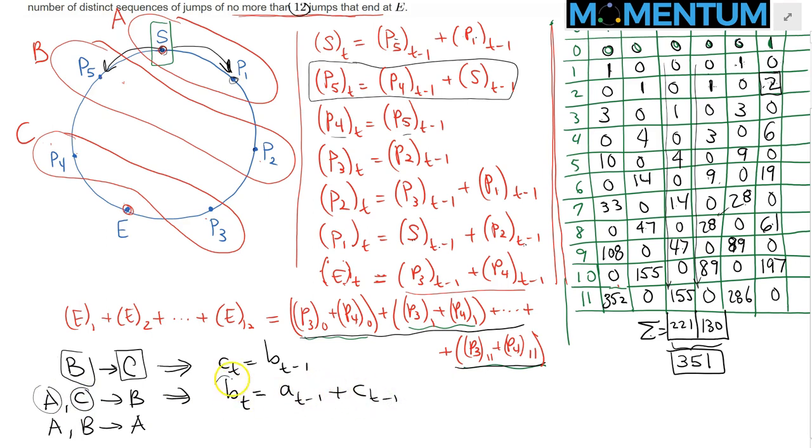If you add these two, it will give us the number of ways you can end up in B in step T. So therefore little a, little b, and little c is the number of ways you can end up in these three sets A, B, and C, as you can see in the picture, in the given time frame, or number of steps, if you will. And at step T, you can end up in set A only if in the previous step you were in A, or in the previous step you were in B, and that's it.